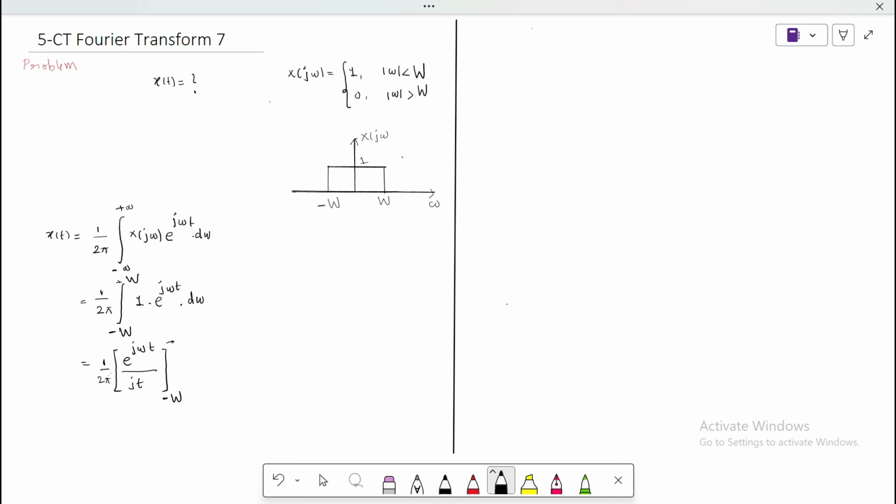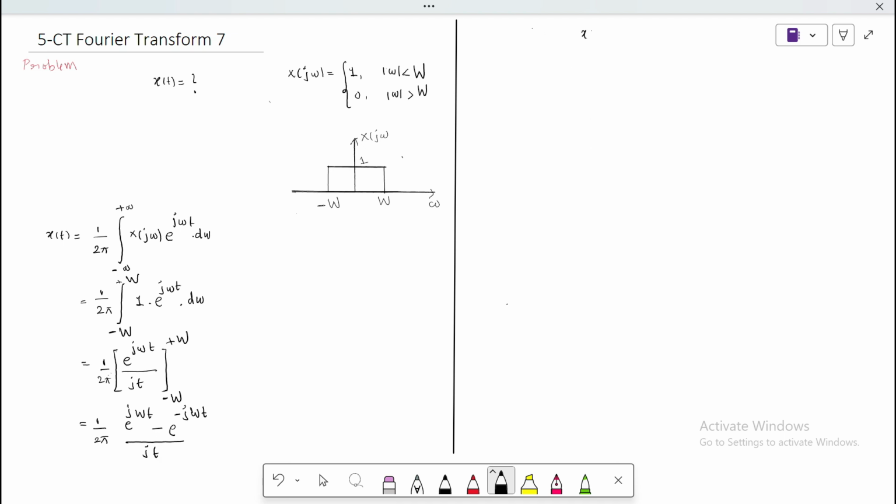So 1 by 2 pi, with limits minus W to plus W. So e power jWt, substituting W in place of omega, minus e power minus jWt, divided by jt.